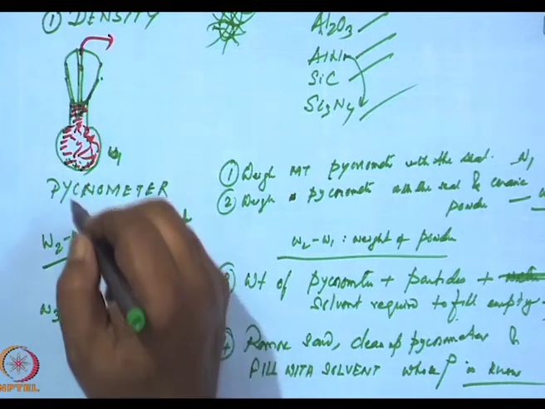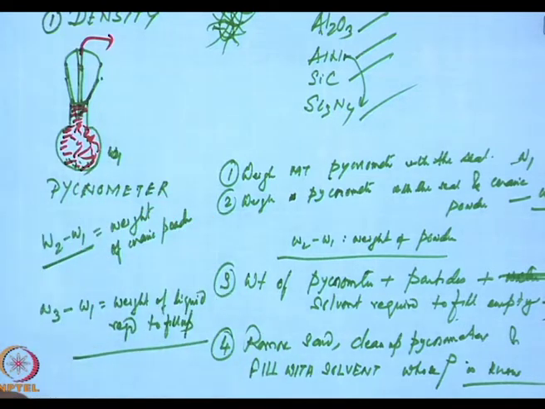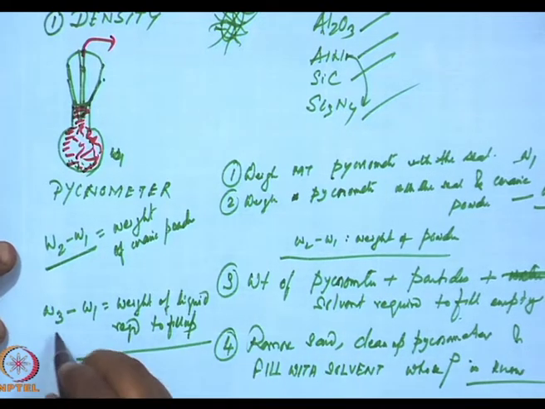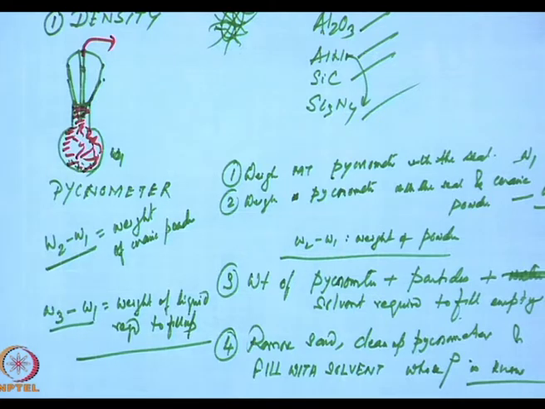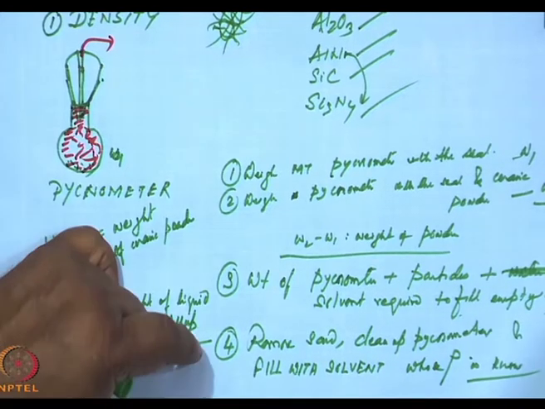To fill the pycnometer up, whose volume is well known, W3 minus W1 will give you the weight of the liquid, and because you know the density of the liquid, you can find out the volume of the liquid.